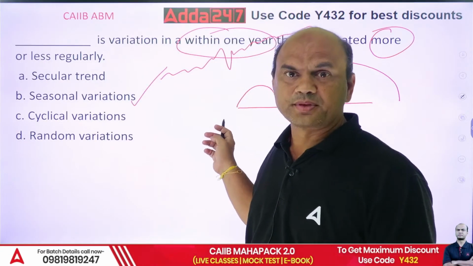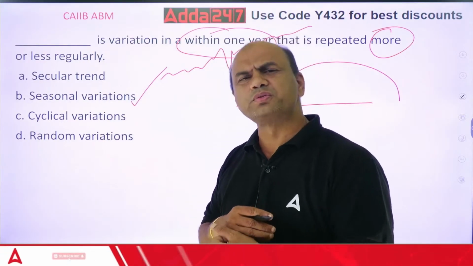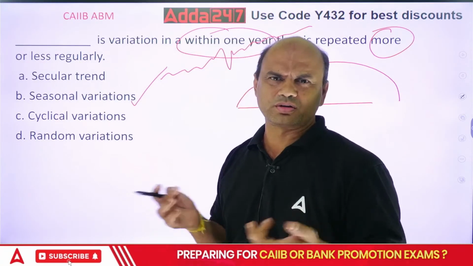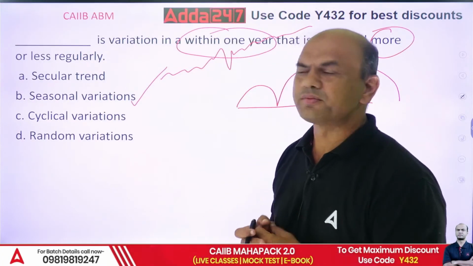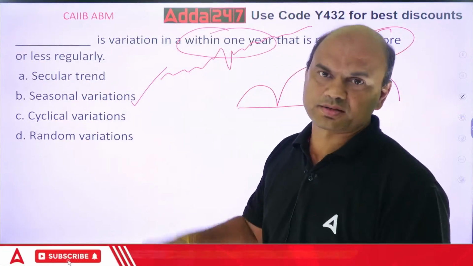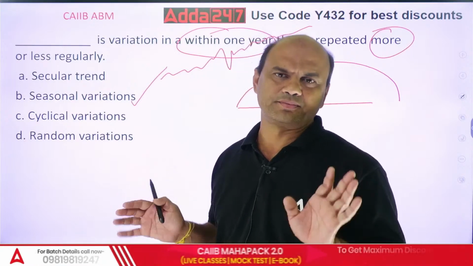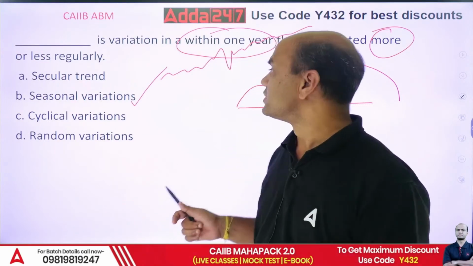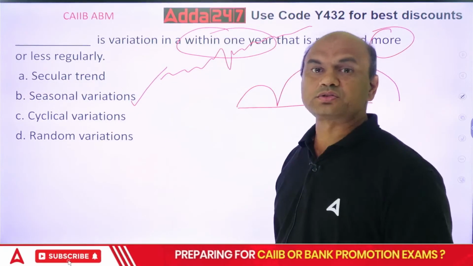Okay. Similarly, DDs in banks, demand drafts. How many of you use demand draft now? Gone. NEFT, RTGS, UPI, everything is there now, right? So that is also gone. So basically the life of the product will always go down someday. Okay. So this is known as cyclical variations. They are also known as business cycles.